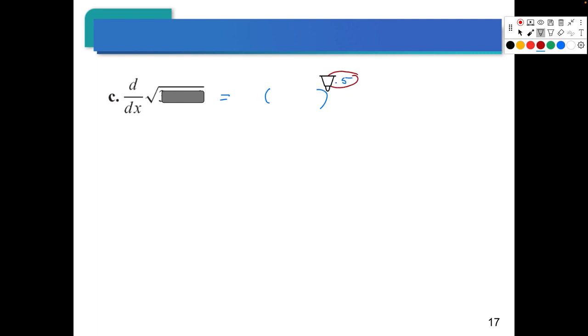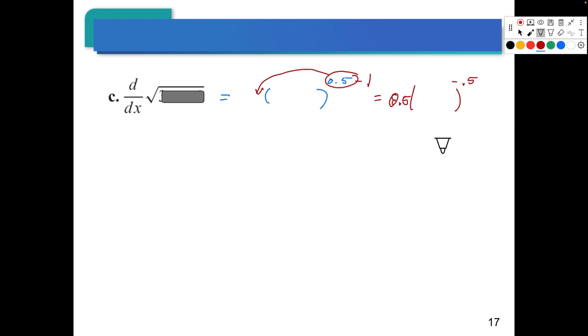Same thing, right? This 0.5 comes down in front. We subtract 1 from it, 0.5 minus 1. So we're going to get 0.5 times something in a parentheses to the negative 0.5 power.